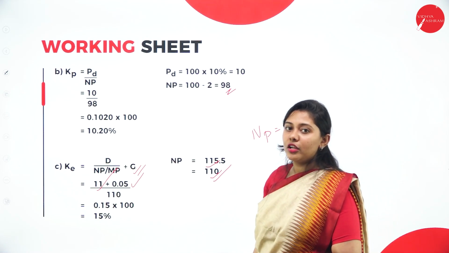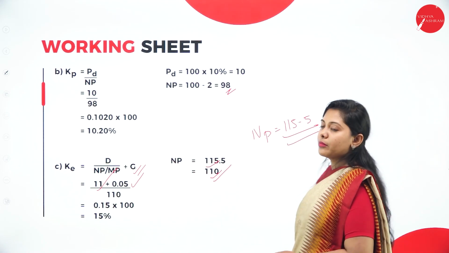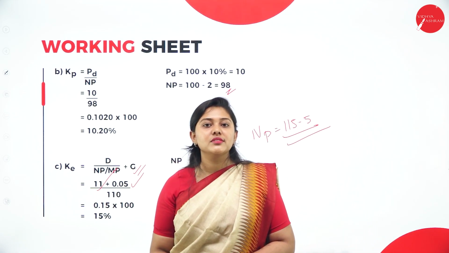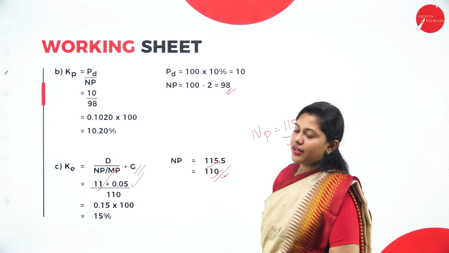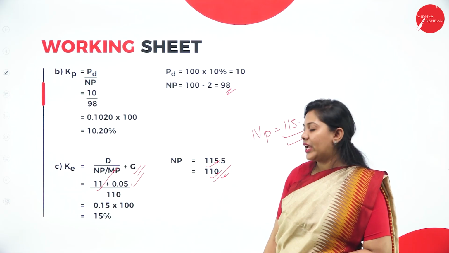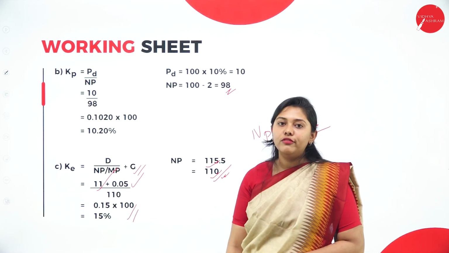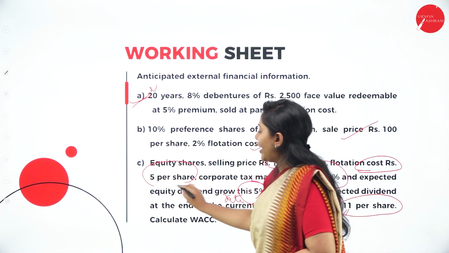So 5 rupees is your flotation cost. Deduct that 5 rupees, the expenses while issuing the shares, and you will get 110. 110 will be your net proceeds. 0.15 you will get as the answer. If you convert that, you will get 15%. So your flotation cost is rupees 5 per share.